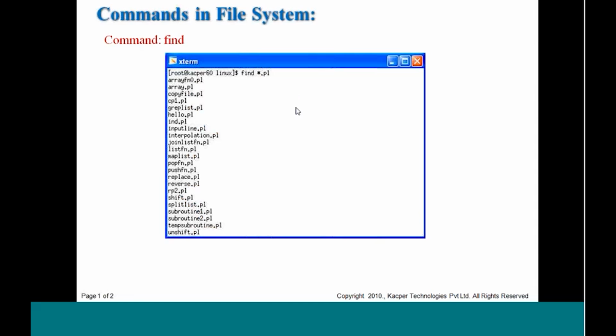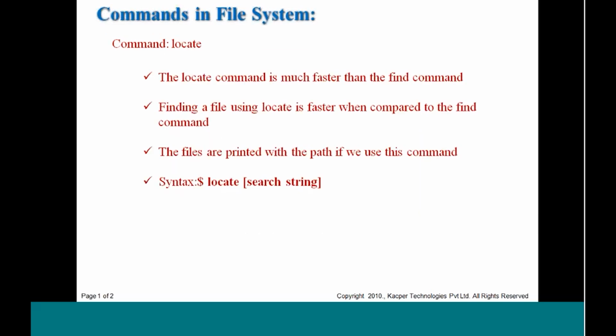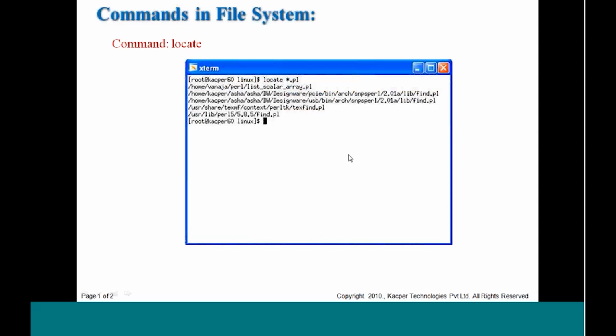For example, if you just say ls *perl, it only finds all the perl files in the current directory. If you do ls ./blah/*perl, it only goes under one directory below and then looks for the particular files. Whereas find searches across the entire tree under that particular directory and gives you all the matches. So this is a principal distinction. Again, locate is the same thing.